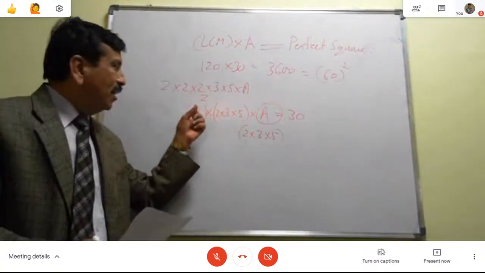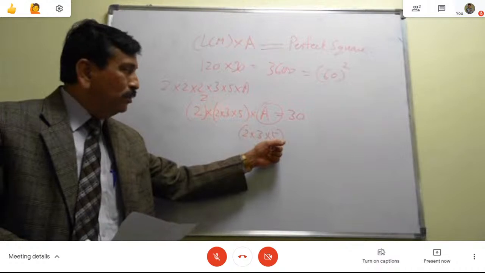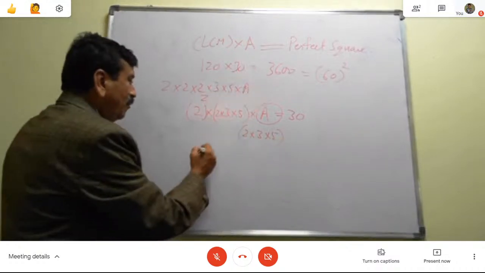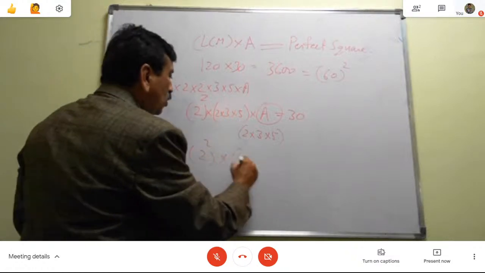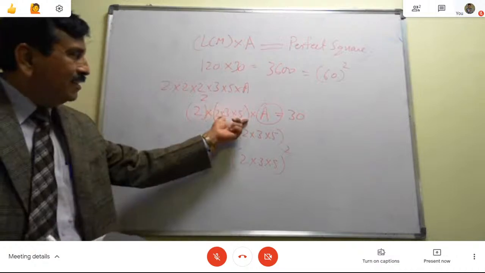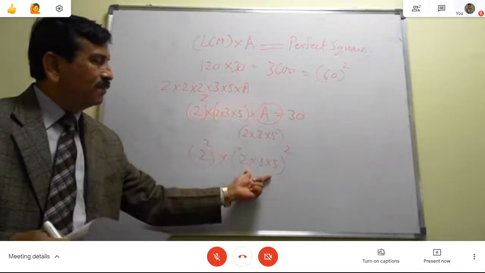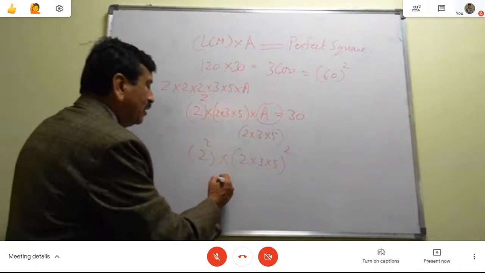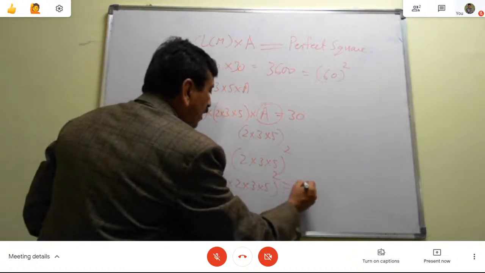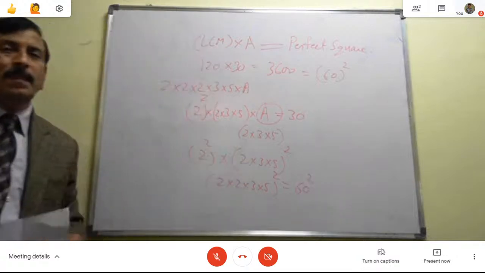Why 60 square? It is 2 into 3 into 5 into 2, square of this, square of this. I can mention it as the square of this into 2 into 3 into 5 square. This and A are the same, so the square of this. And therefore totally I'll get 2 into 2 into 3 into 5 whole square, which is equal to 60 square.